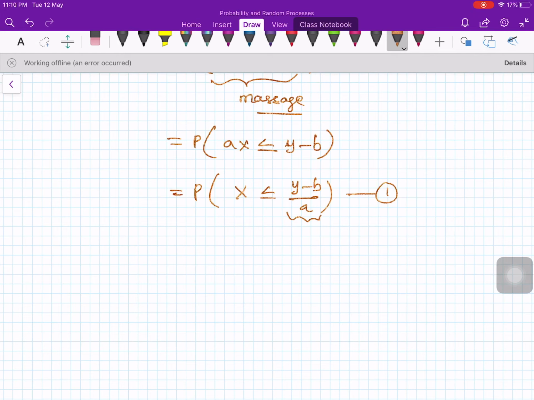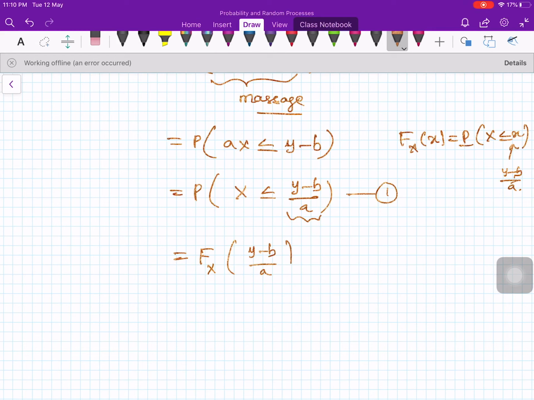See, we know that Fx of x equals the probability that the random variable x takes a value less than or equal to a certain number. So instead of x I have y minus b by a. Therefore I can write Fx of y minus b by a.